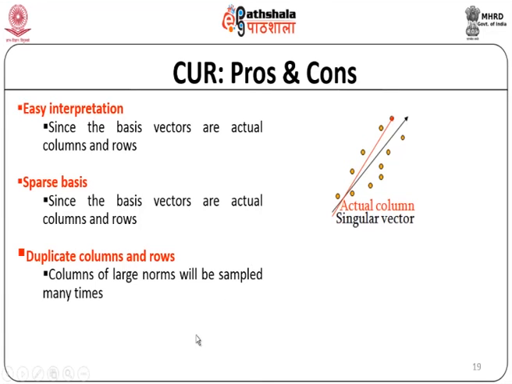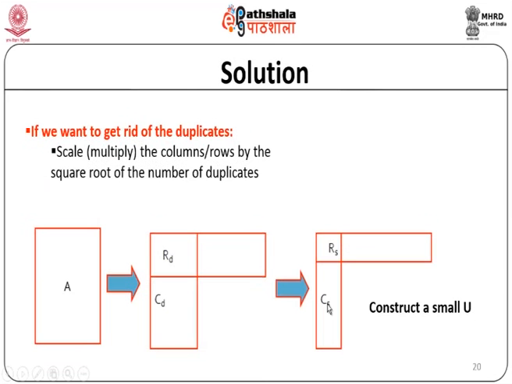Then there is going to be availability of duplicate columns and rows. Availability of duplicate columns and rows will normally increase the time complexity, and therefore, this can act as a drawback for the CUR technique. So, what may be the solution? Whenever I want to eliminate the duplicate rows or columns, I will have to construct the U matrix in such a way that it is very small when compared with the original C matrix.